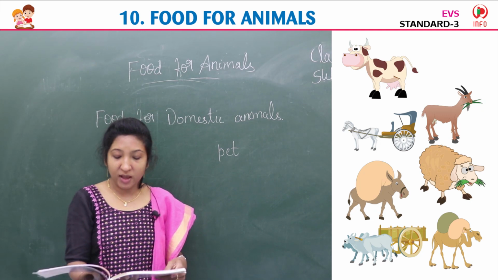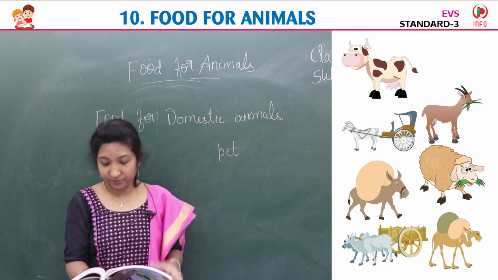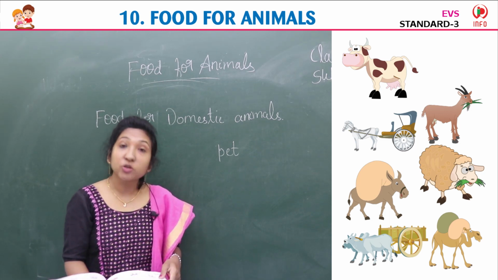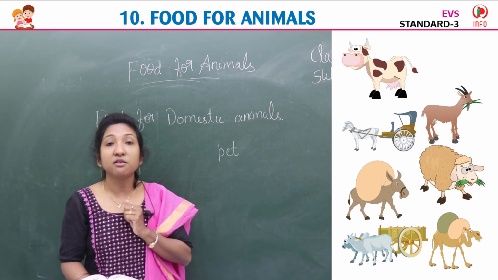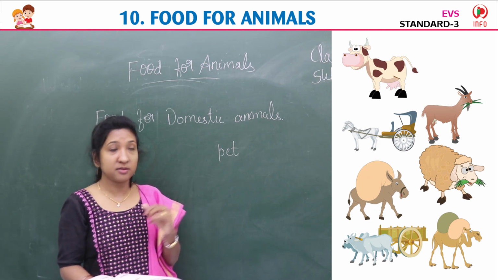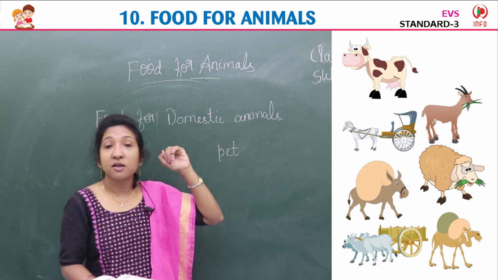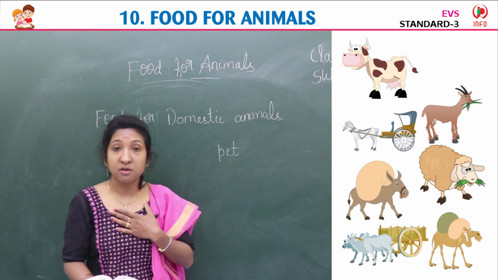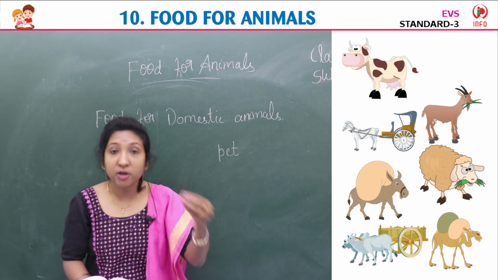These animals do a lot of work for us. So we should feed them well to keep them healthy and active, because these farm animals or domestic animals are very much useful to us. They are helping us. So we should give them food.